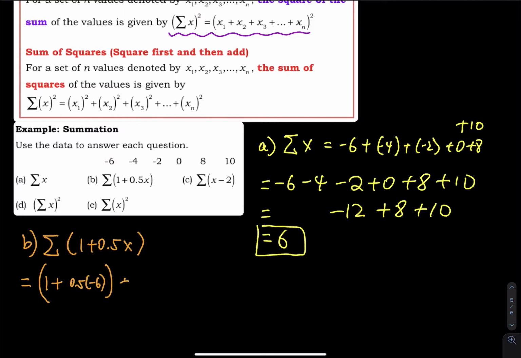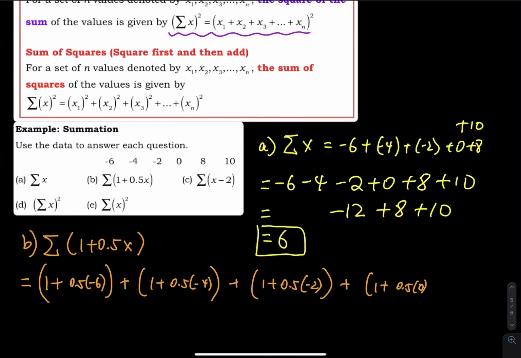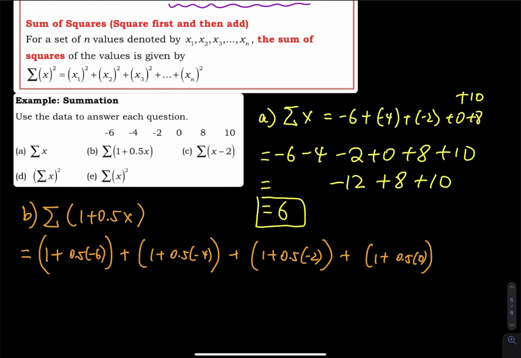And then you add 1 plus 0.5 times -4, and then plus 1 plus 0.5 times -2, and then you add 1 plus 0.5 times 0, and then you add 1 plus 0.5 times 8, and then you add 1 plus 0.5 times 10.